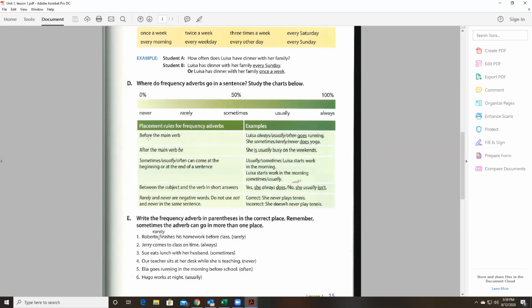For example, before the main verb. So remember a verb is an action, right? A verb is an action. So when you're talking about before the main verb, o la acción principal, okay?